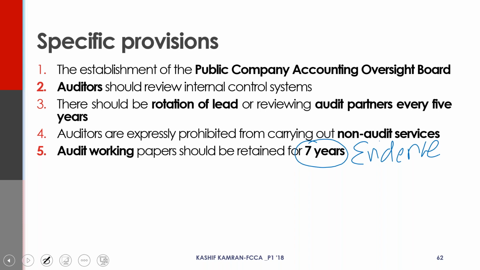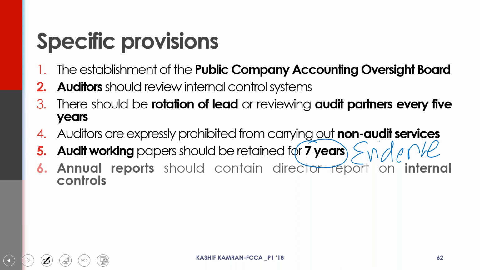Then the next one. The annual report should contain a director report on internal controls. Now we know that annual reports do contain a director report, but that is a director report on the performance of the company.